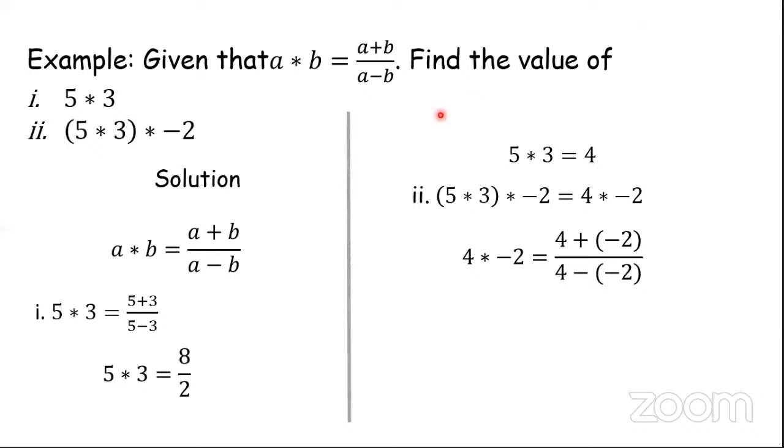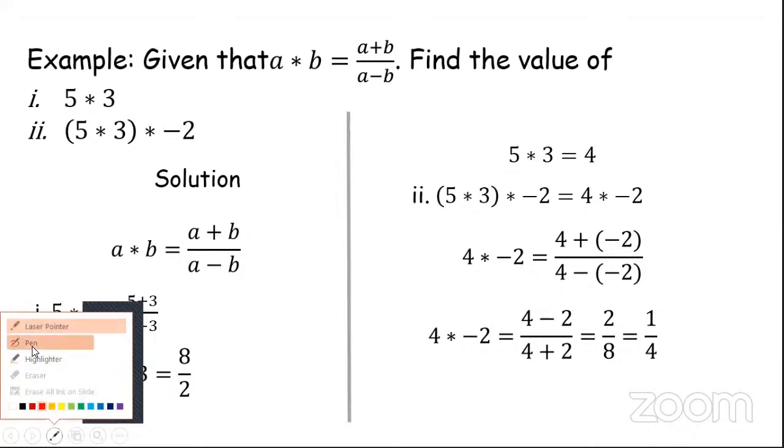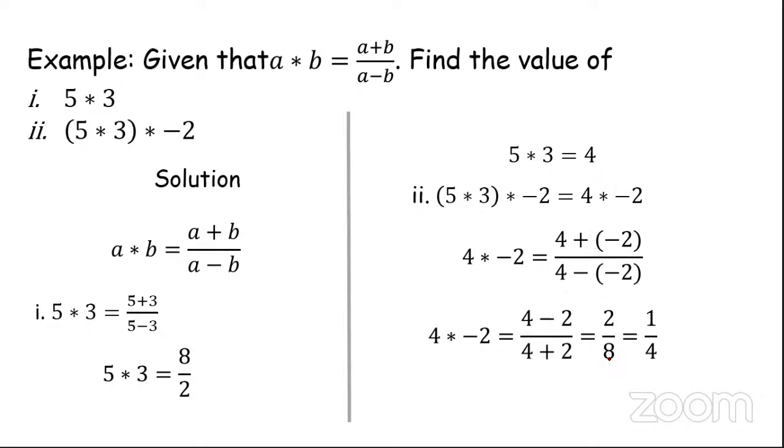Okay. So that means we are going to have 4 minus 2 divided by 4 plus 2. I think this was supposed to be 6. There's a typing error there. So this is 6. And then this would give us 1 divided by 3.